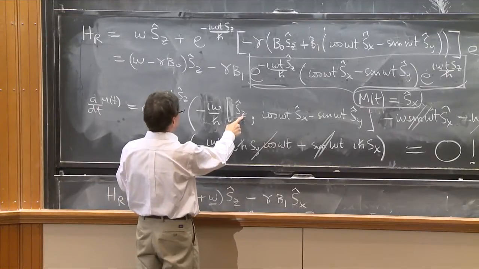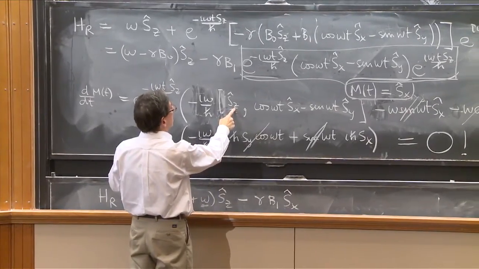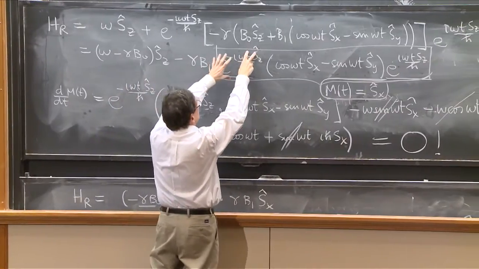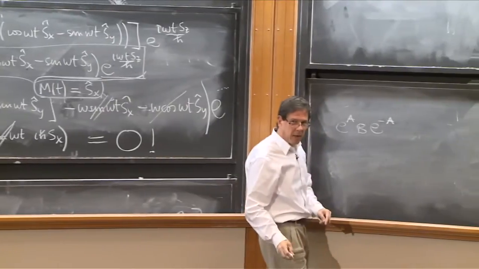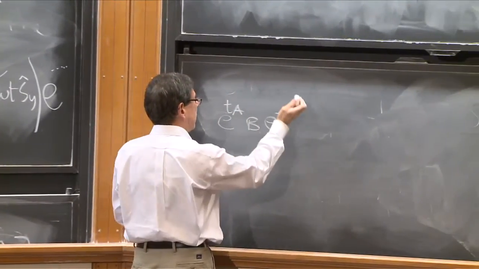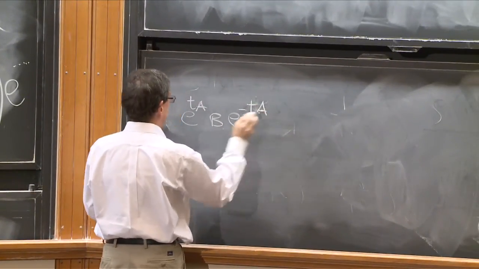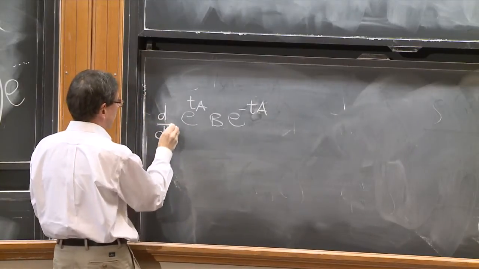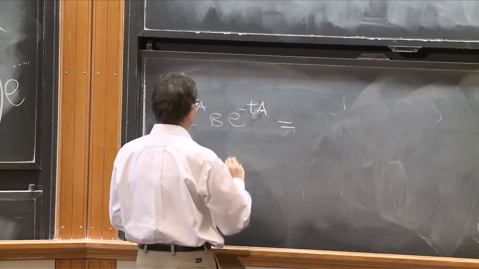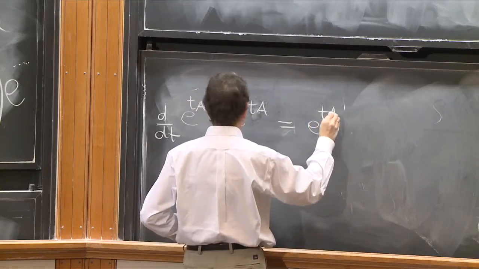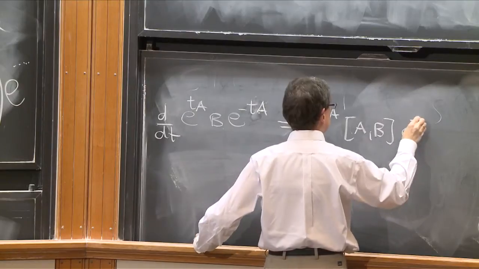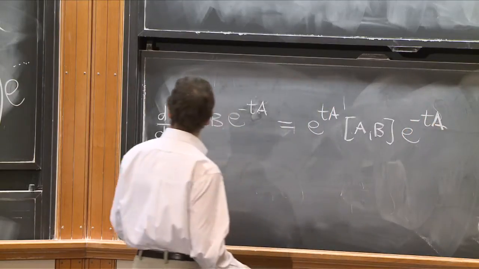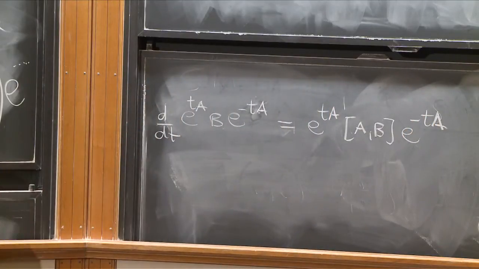Yeah, omega S_z. It's because when you take the time derivative of this, let me give you a formula that you should check. d/dt of e^{tA} B e^{-tA} is equal to e^{tA} [A, B] e^{-tA}. That's the formula we used.